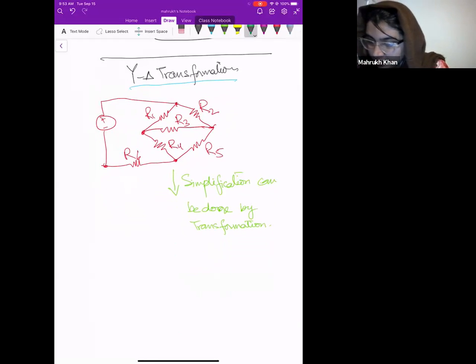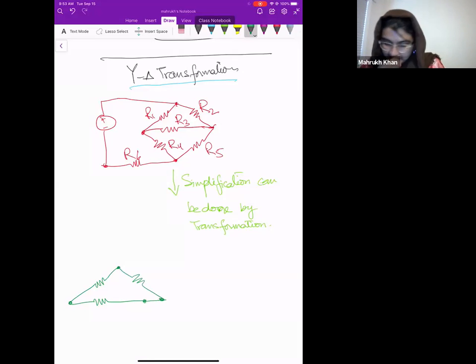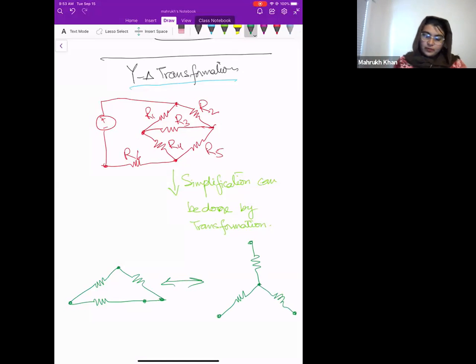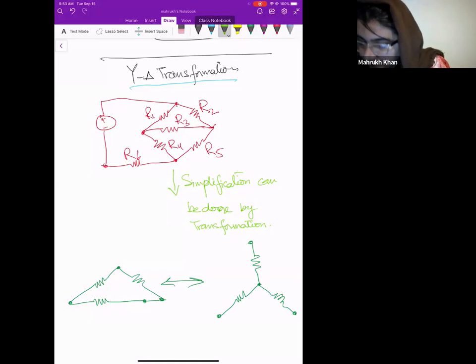That if you have this circuit, you can transform it into this circuit. So this is the delta-like shape and this is the Y-like shape. So these are both interchangeable.